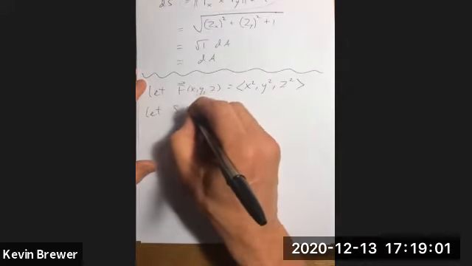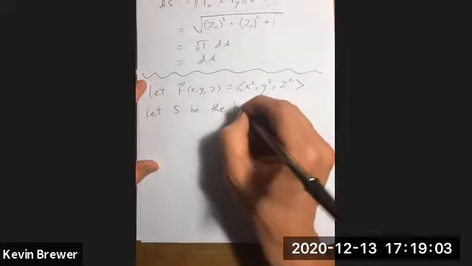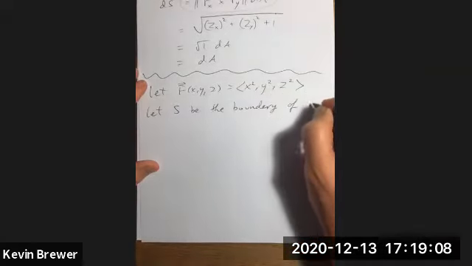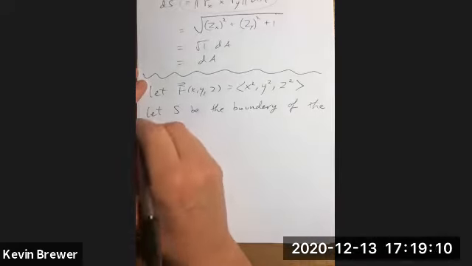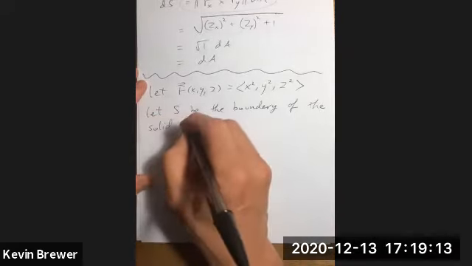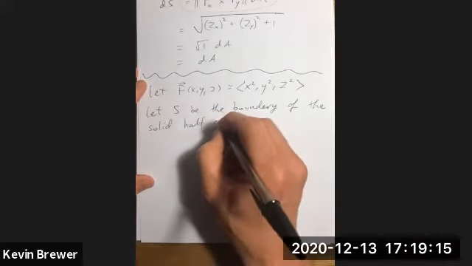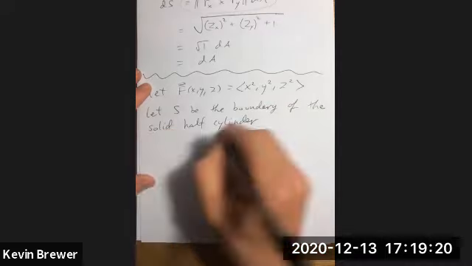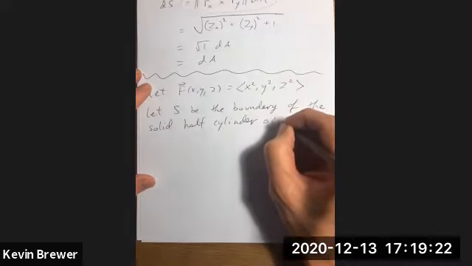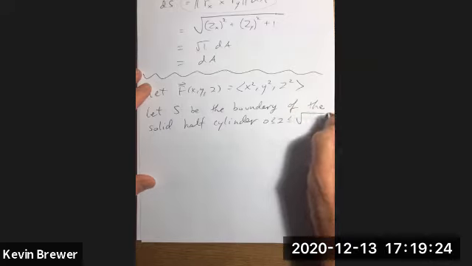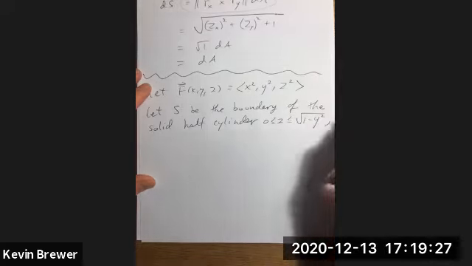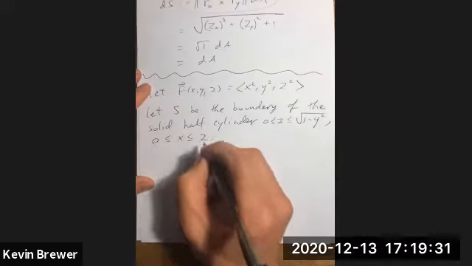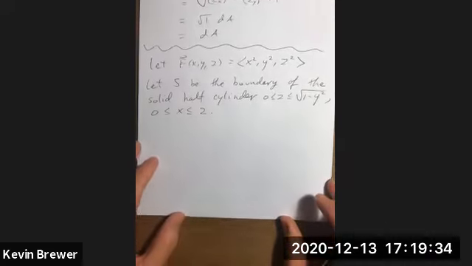And let S be the boundary of the solid half cylinder given by 0 less than or equal to z less than or equal to the square root of 1 minus y squared, for 0 less than or equal to x less than or equal to 2.